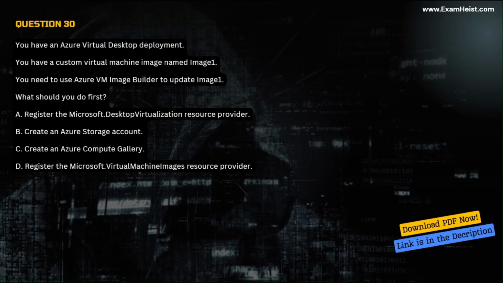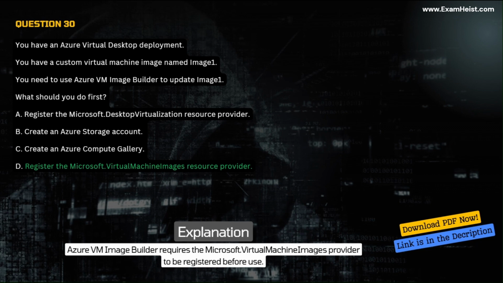C. Create an Azure Compute Gallery. D. Register the Microsoft.VirtualMachineImages resource provider. Correct answer D. Register the Microsoft.VirtualMachineImages resource provider. Explanation. Azure VM Image Builder requires the Microsoft.VirtualMachineImages provider to be registered before use.